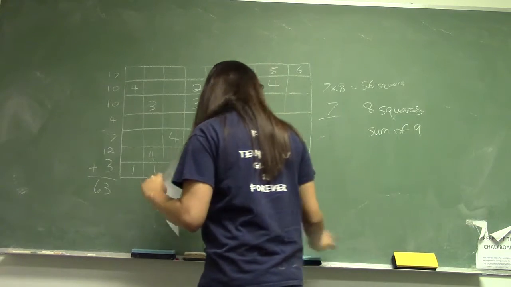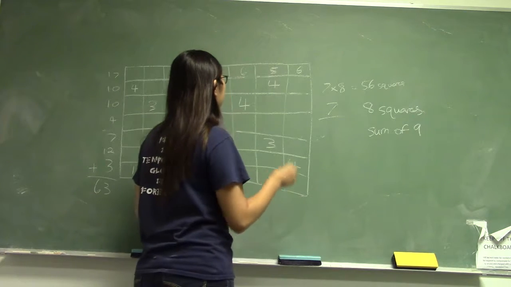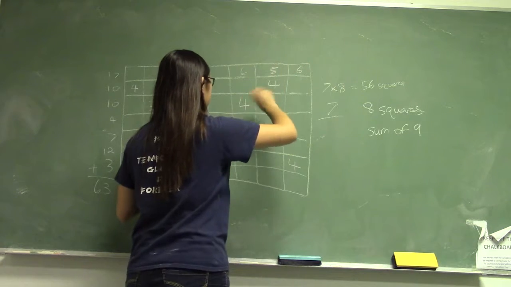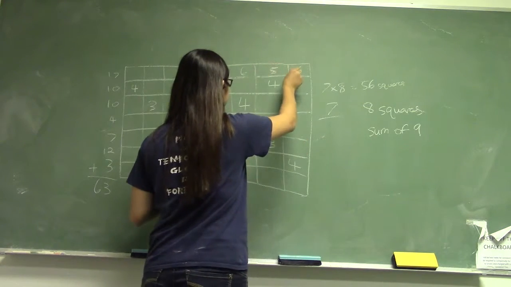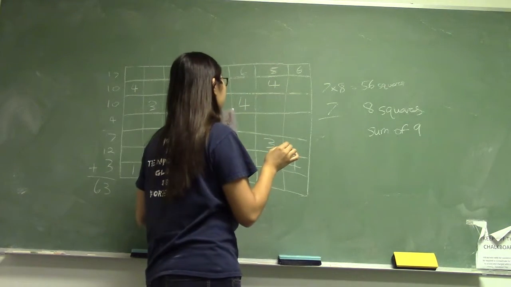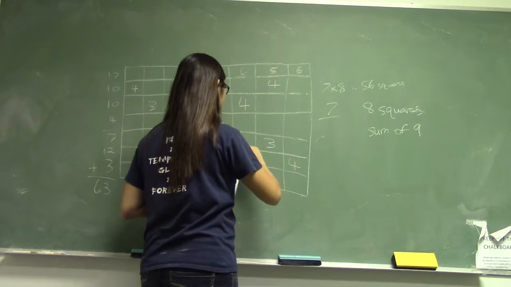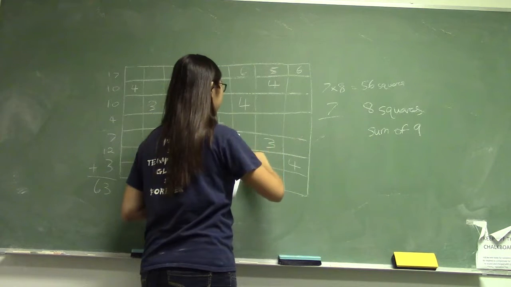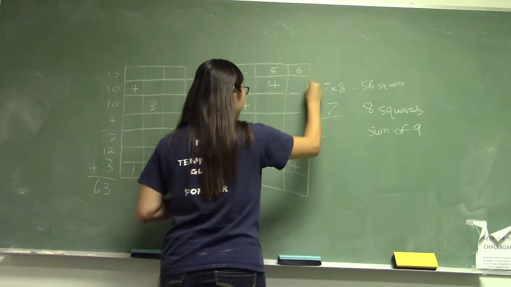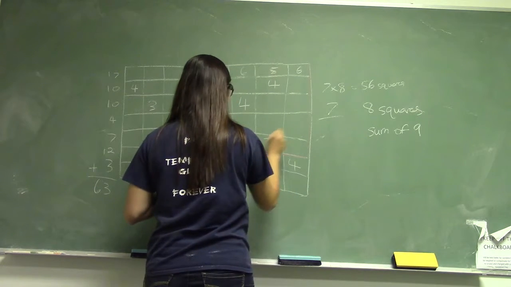Okay. So we know that we want all the pieces to have a sum of 9. Immediately here we have a problem, because we can't have 6, 5, and 6 sharing a piece with any of these, because it would exceed 9 automatically. So we want to pair this 6 with 3, because that's the only other number that could add to 9 within range. So we want to connect 6 with 3 for sure.